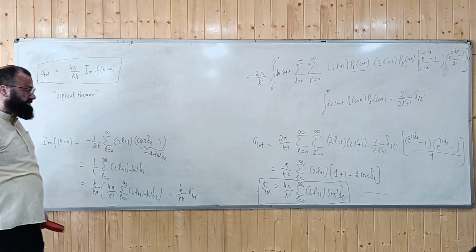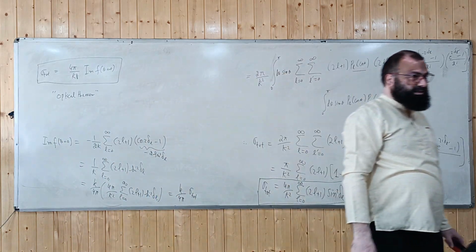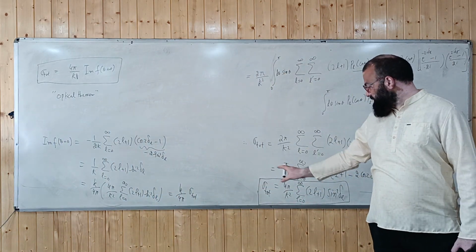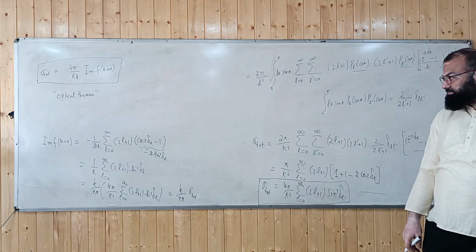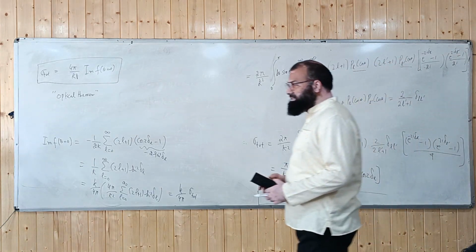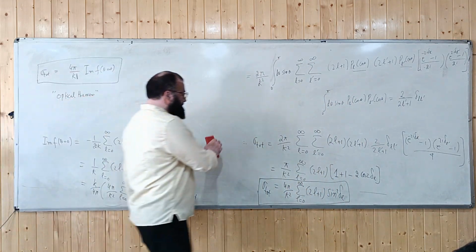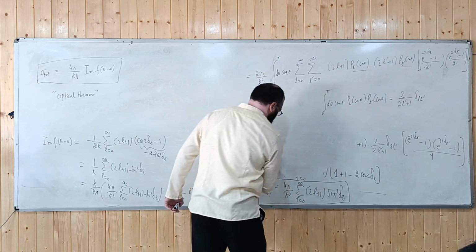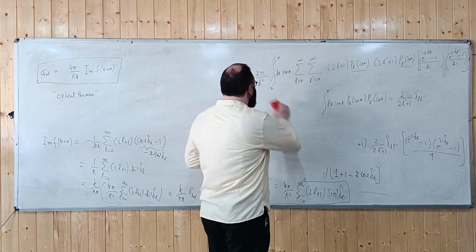So I will do it in detail later on. It is a quick corollary of this very result. Got it? Okay, so now let's discuss what kind of problems we will be doing here. So memorize this formula. You should memorize it.